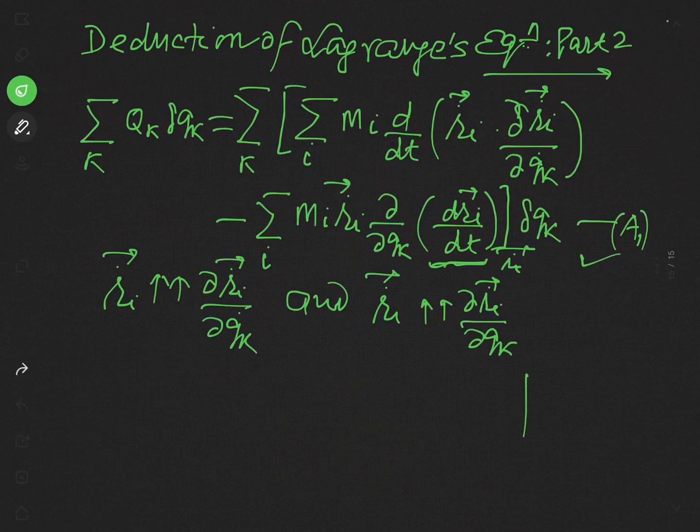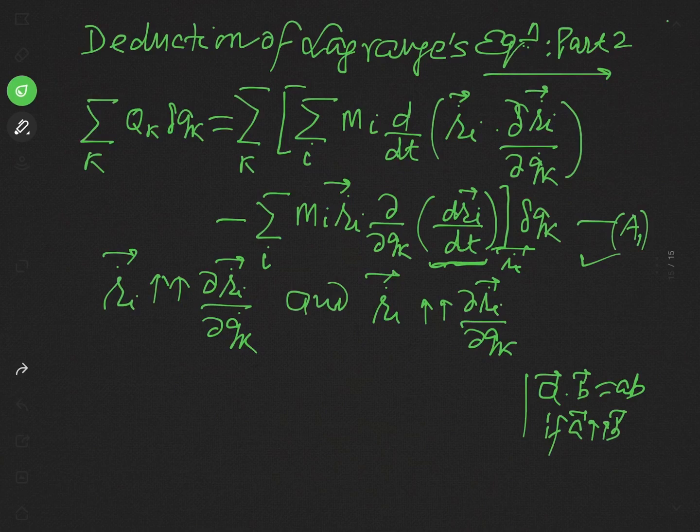We know from the product of geometrical vectors, a dot b is equal to simply a times b if a is parallel to b, that is, the angle between these two vectors is 0. Then we simply take the product of the moduli of a and b as the scalar product of the two vectors.